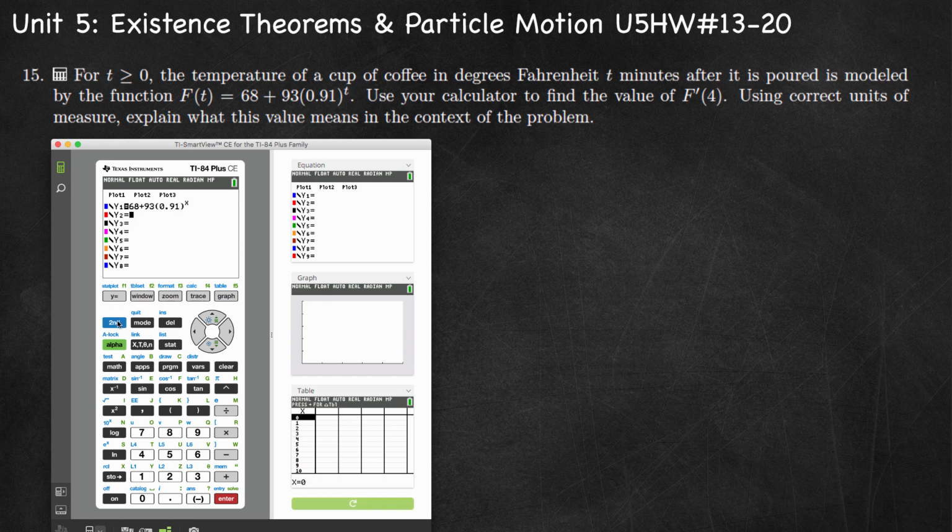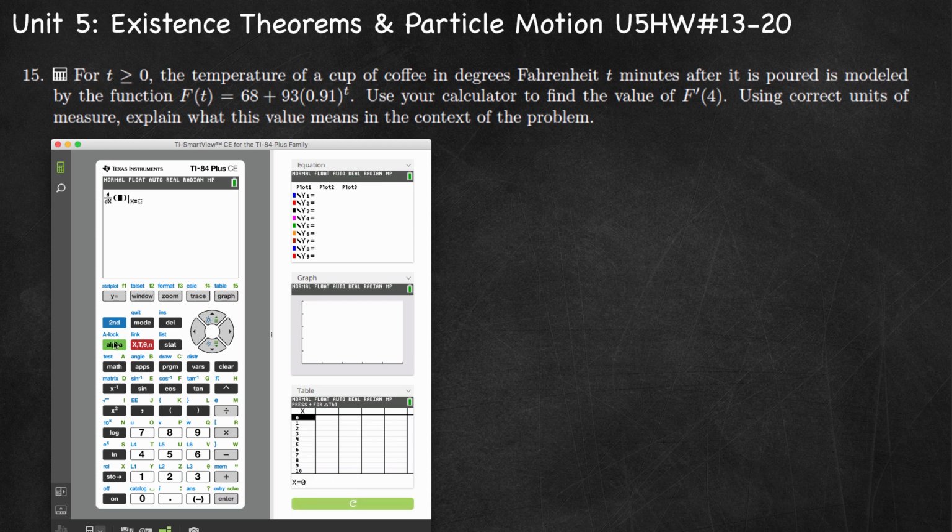I'm going to go to my home screen, and I'm going to use math 8 to find the derivative at t equals 4. So math 8, and then d over dx, we're taking the derivative with respect to x. What are we taking the derivative of? Here you can type out the function, or since I already have it typed into y1, I can just call up y1.